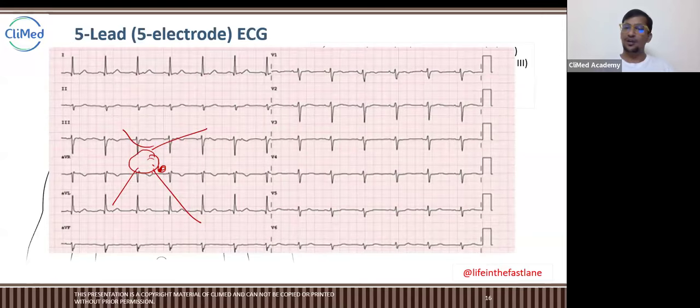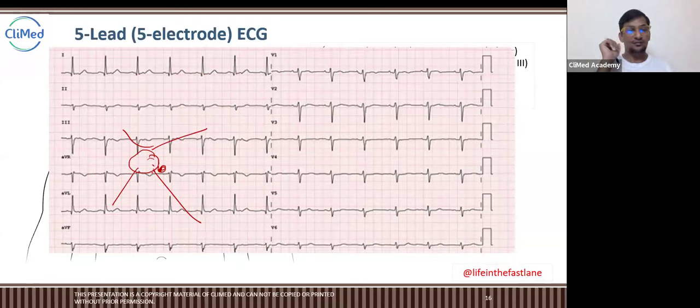So again, I will not go into the depth. This is the 5-lead ECG. The 5-lead ECG sometimes looks like a 12-lead ECG, but it is 5 leads, 5 electrodes. Sometimes it shows 1, 2, 3, AVR, AVL.